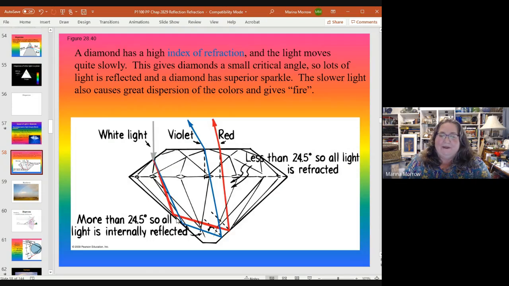So here we've got red and blue taking different paths. And the diamond is cut so that the light reflects on the bottom of it and reflects back up to the surface and comes back out where it refracts some more. And so the colors keep getting further separated so that even a small diamond has good dispersion of the colors, and that's what's called the fire. And that's based on its index of refraction.